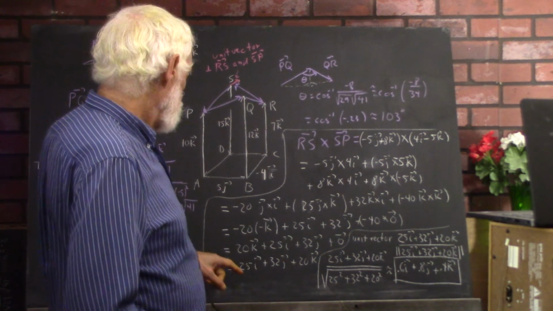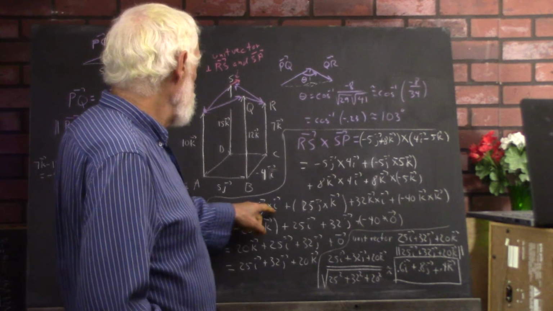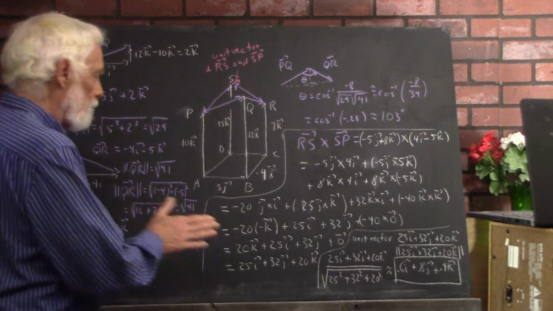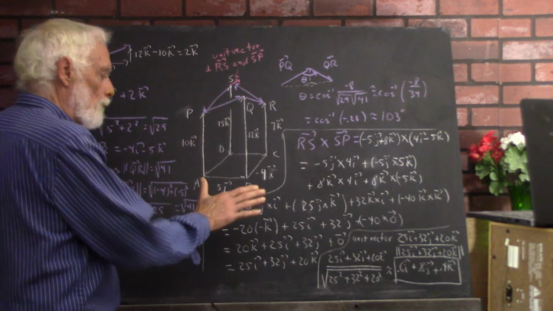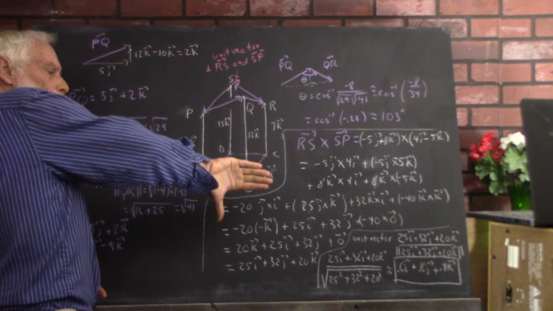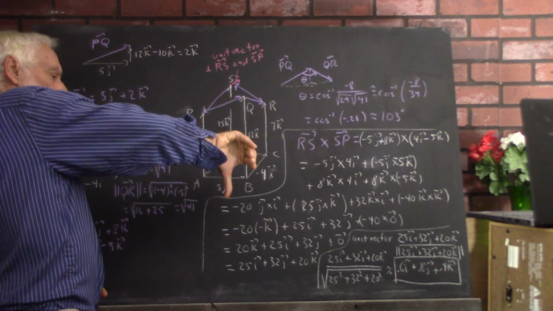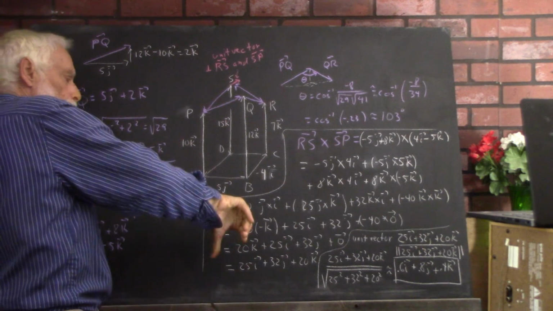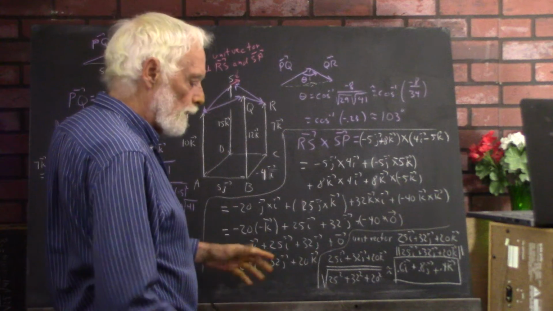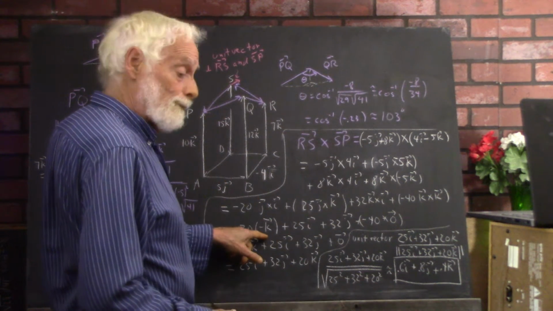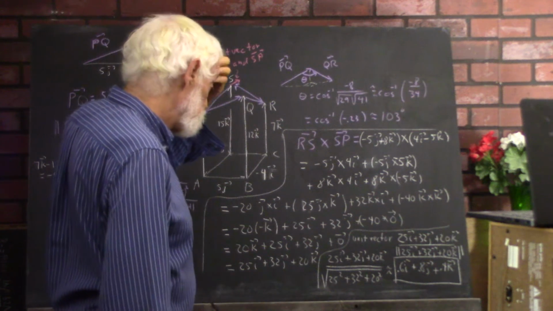For example, calculating negative 20 j cross I, put our fingers in the direction of j, turn our hands so that when we curl our fingers, they point toward I, and we see that the thumb is in the direction of negative k. So j cross I is negative k. You don't always have to refer to the list. It's totally consistent with the right-hand rule.